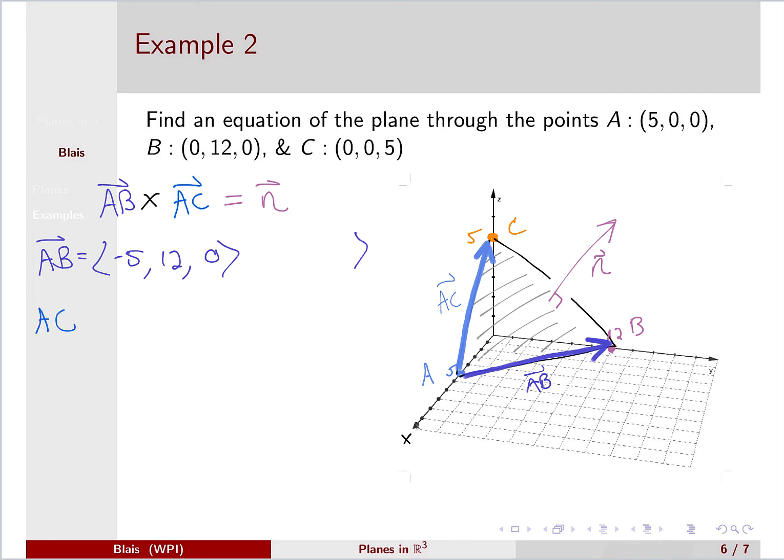For AC, we subtract the entries of A from the entries of C. So 0 minus 5, 0 minus 0, and 5 minus 0. And we now define n as the cross product of these two vectors.